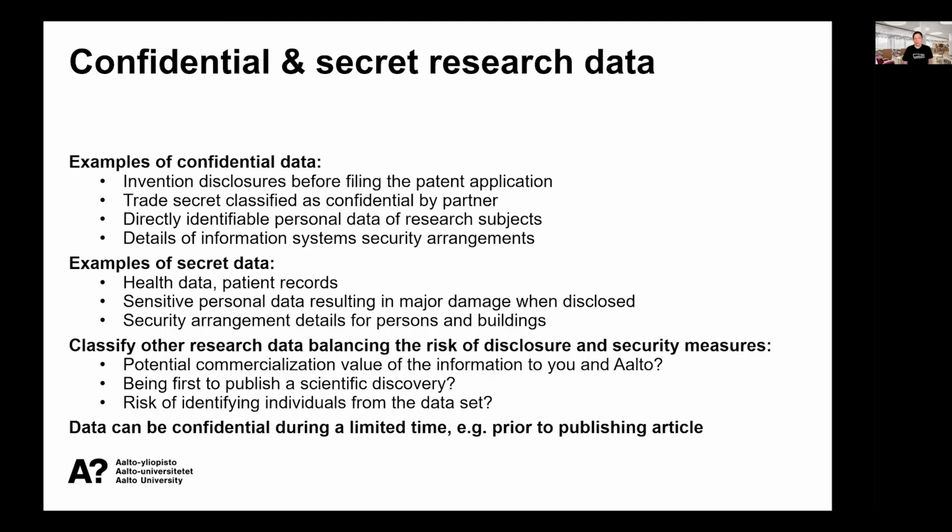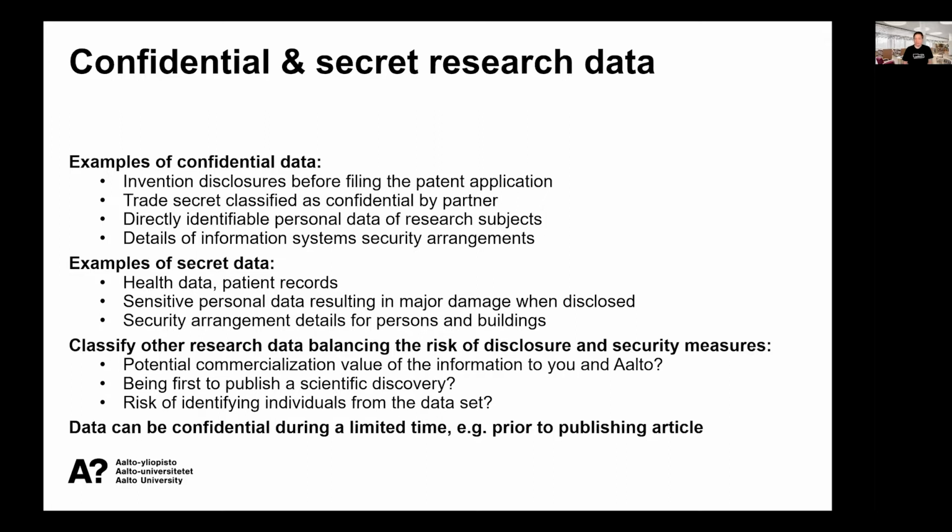Or if we have directly identifiable personal data of research subjects, that's of course confidential. And also indirect identifiers when it's easy to identify the person. And there are, for example, details of security arrangements of information systems, and this kind of technical specifications might belong to this category.